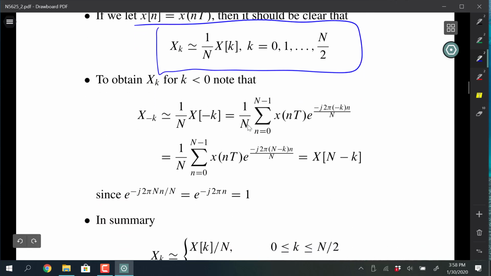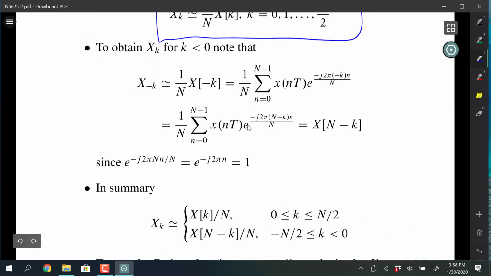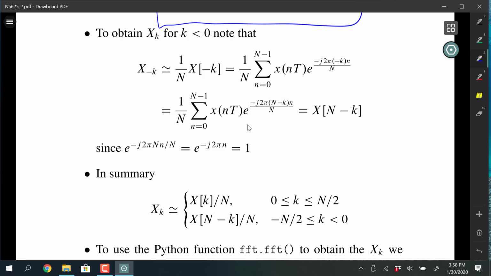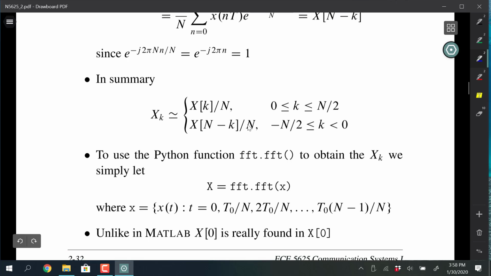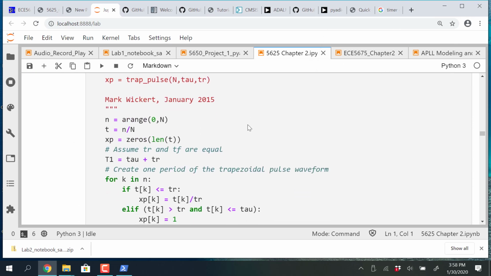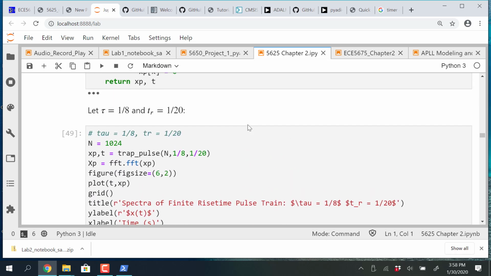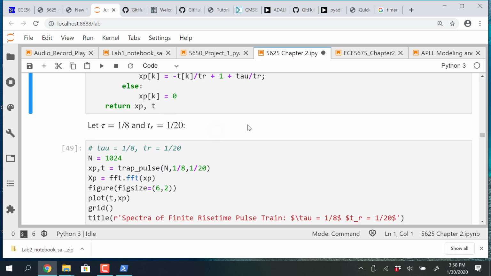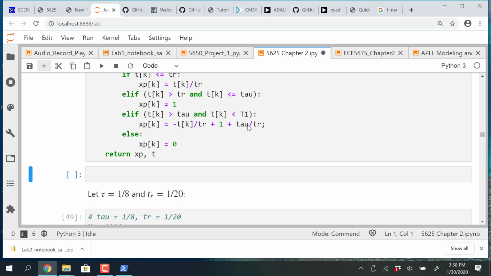So then I do a little bit more modeling and then summarize it for a real signal. We can take into account the symmetry property, and then this is what it comes down to. And in Python, when you've got NumPy loaded, you have access to a whole collection of FFTs by going fft.fft. You just add a cell below that.